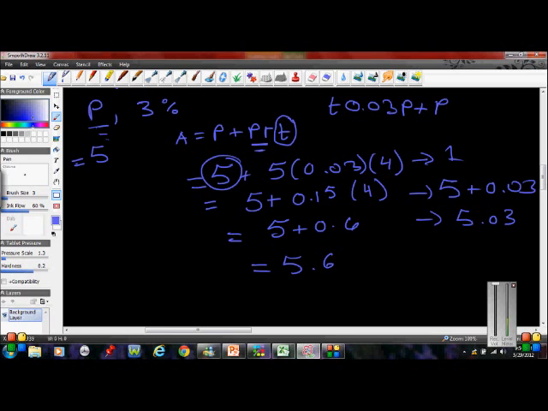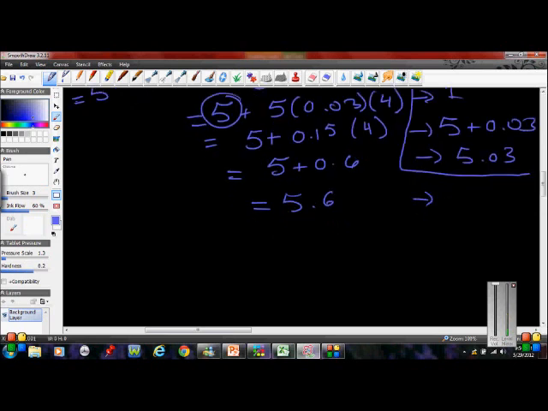I'm just showing some work here. Let's say the time became 2.